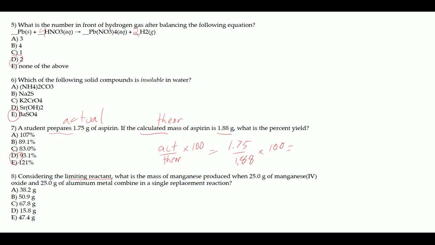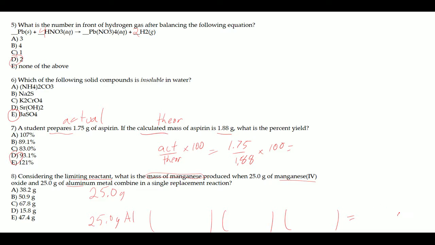8, considering the limiting reactant. So I know I'm going to have to do 2 conversions here, starting with each of the given compounds. So I know I'm going to have to go from 25 grams of each of these. 25 grams of aluminum, I'm going to have to do 3 conversions here, determining the mass of manganese.